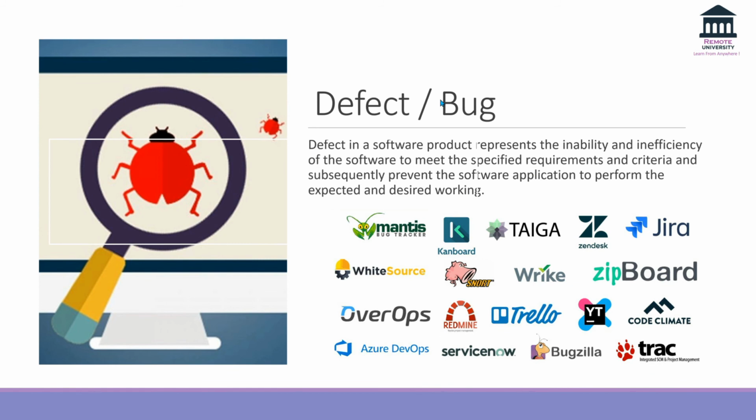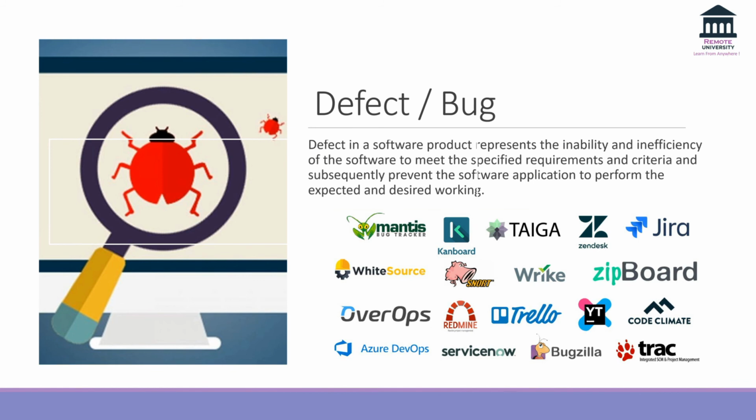You've seen in the previous slide, we talked about the outcome of the testing, where we are saying some of the test cases are passed, some are failed, some are in retest mode, some we are calling blocked.